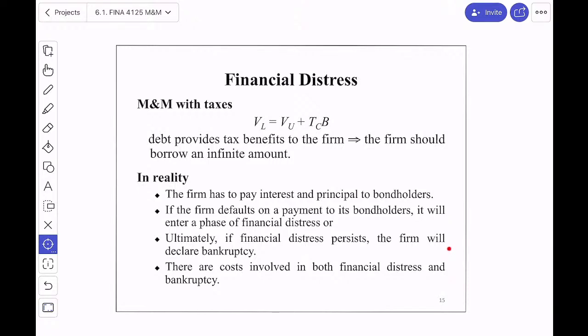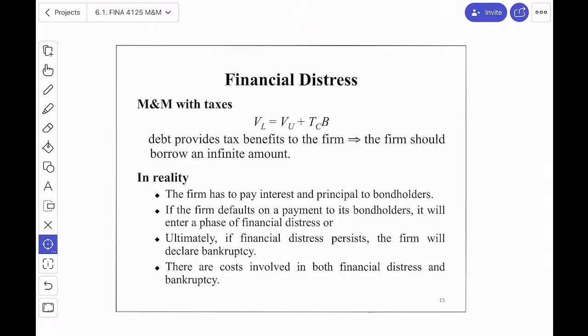So if it cannot satisfy its bondholders with restructuring, making a plan to pay them, maybe selling off assets, changing the way they operate, or closing operations of the firm so that they can ensure that bondholders are accommodated, they can avoid any kind of legal battle, which wastes additional revenues or profits that have been made.